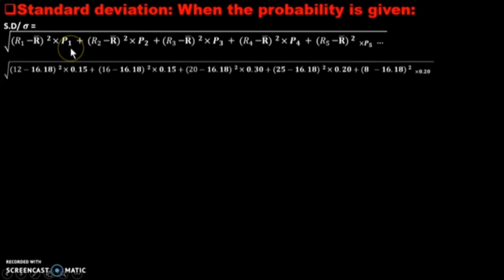Here P1, P2, up to P5 mean the probabilities 1, 2, 3, 4 and 5.